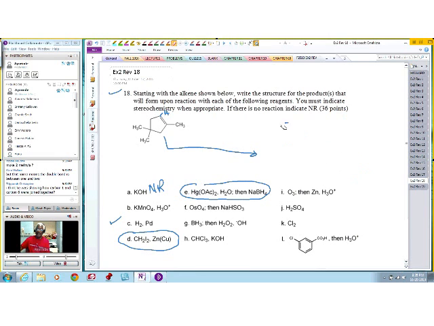What does this reagent do? Anybody? Like I say, you guys need to know what this reagent does. If you don't, you'll be in trouble. What does this reagent do? Add OH, very good, excellent. And it adds the OHs in a mechanical fashion.